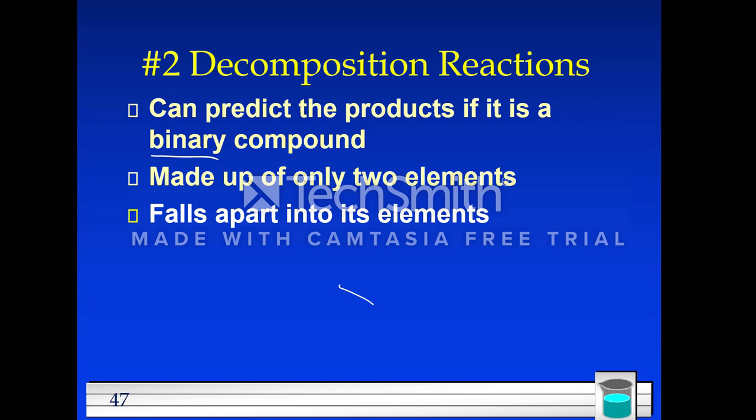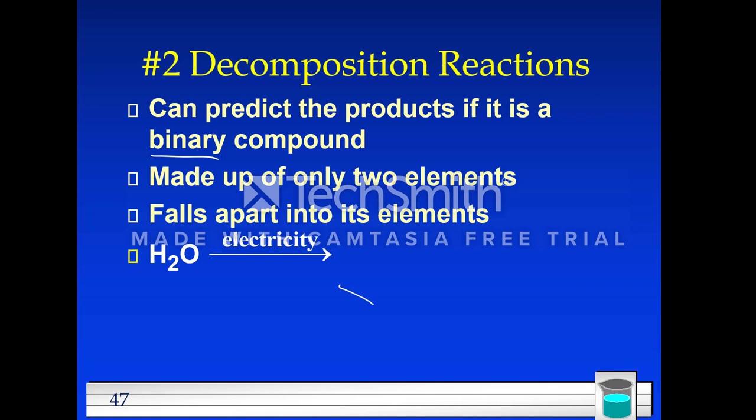So, okay, H2O, two capital letters, a binary compound. You pass electricity through water. What can you make? Well, what elements are in water?